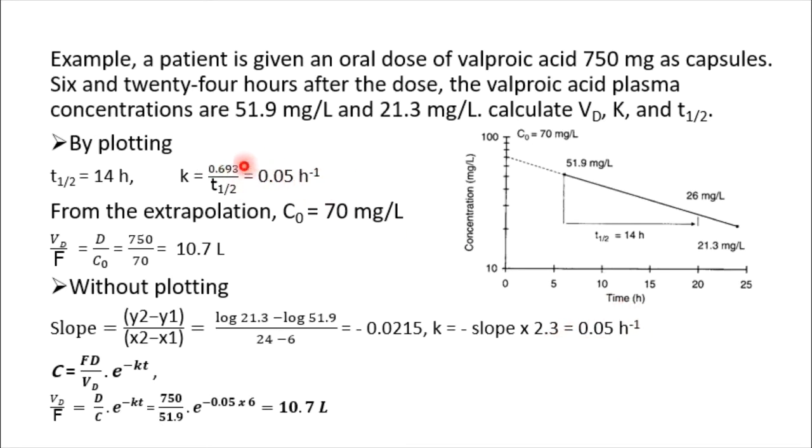Again, we can find the F value from the plasma concentration at any time. Rearranging this equation, we get dose over plasma concentration multiplied by time, and this gives us a hybrid value of 10.7 liter.